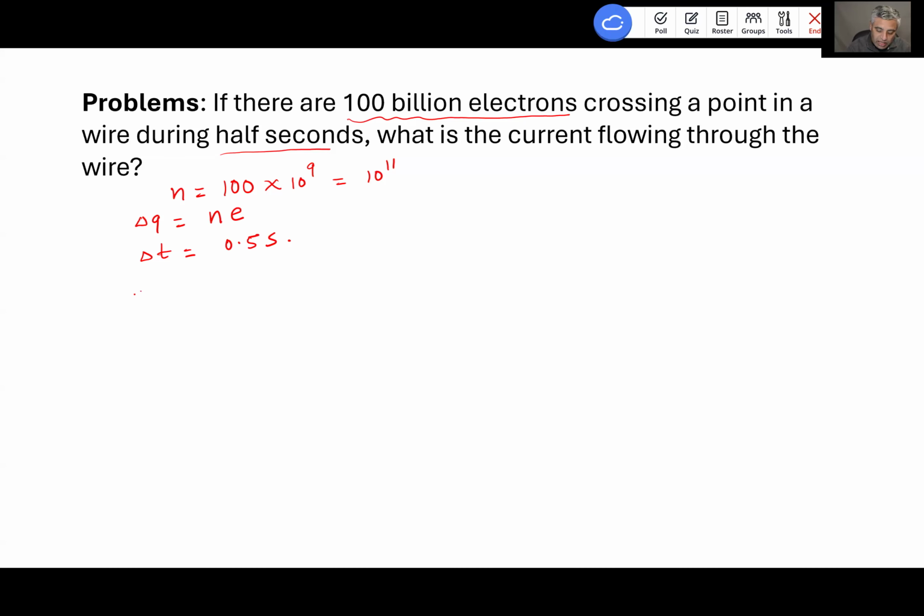So current is the rate of flow of charge, and in this case, the amount of charge that flowed during this time interval is n times e, that many electrons. So the number of electrons multiplied by the charge of an electron gives us the total amount of charge, right?